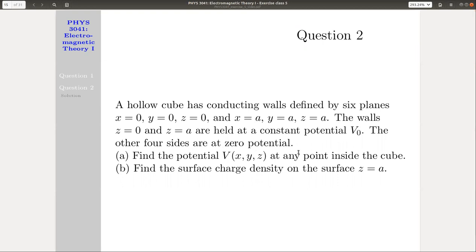So the first part of the question is to find the potential at any point inside the tube. After you have solved the potential, the second part would be solving the charge density on the surface z equals a.